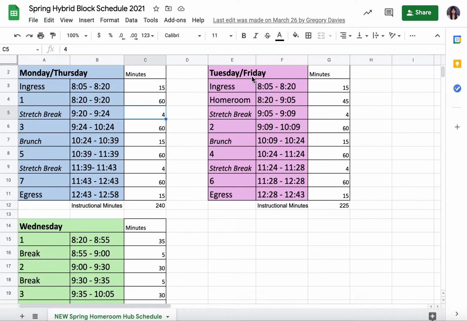On Tuesday and Friday, you have homeroom, 2nd, 4th, and 6th. So the classes that you have every day is still the same. What is different, however, is the length of the class. Notice that each of the class will now be 60 minutes long. So it is shorter from our original time of 70 minutes per class.